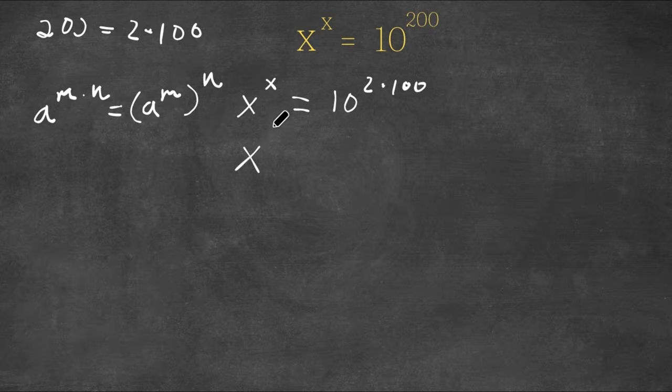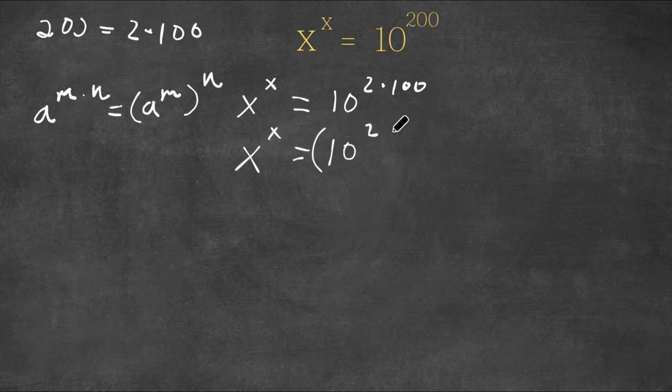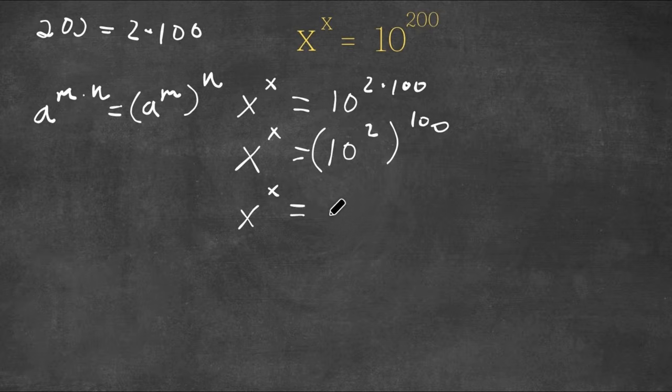So this means that x to the power of x is equal to 10 to the power of 2 to the power of 100. Now, 10 squared, that's simply 100, right? So now we have x to the power of x is equal to 100 to the power of 100.